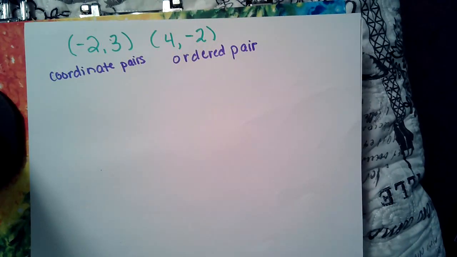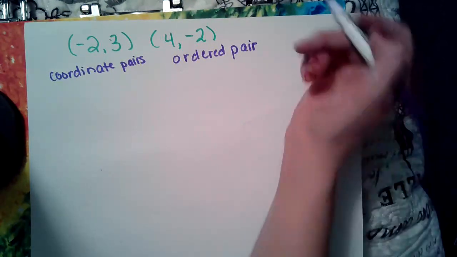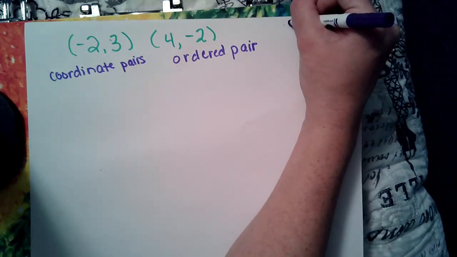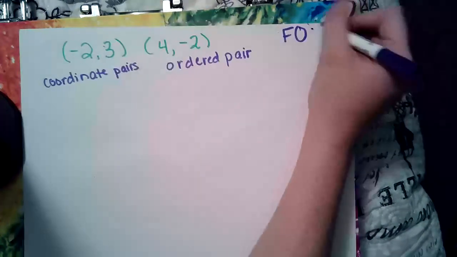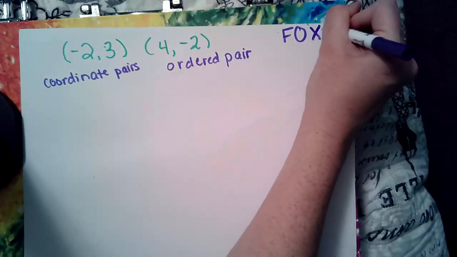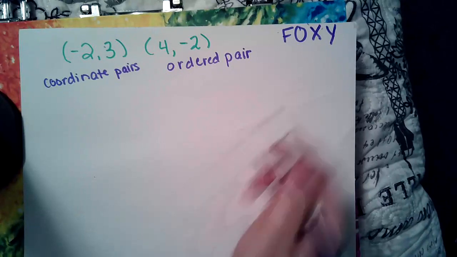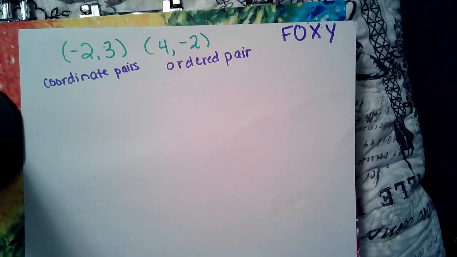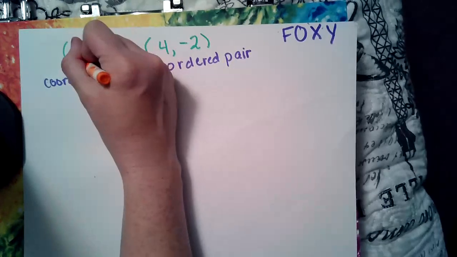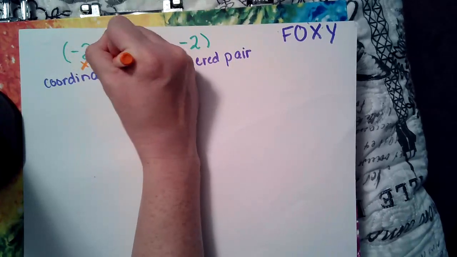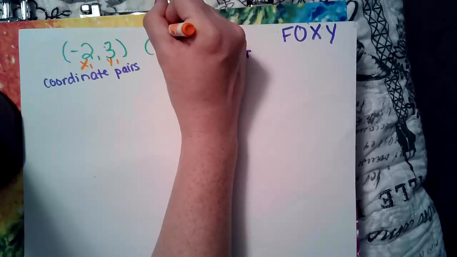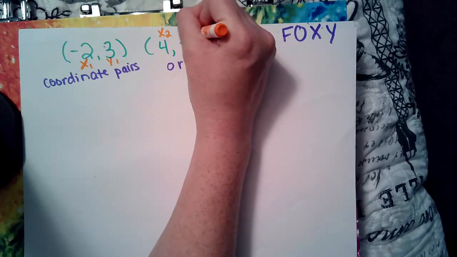Now we know that when we read this, we want to make math as foxy as possible. First, offer x and then y. So first offer x and then y. So we know that we are going to read this as x comma y, x1, y1, x2, y2.